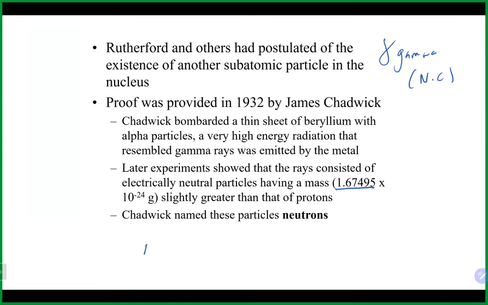The neutron is the heaviest, followed very closely by the proton, and the electron is much, much smaller in mass, the lightest. So you definitely need to know the neutron is the heaviest, followed very closely by the proton, and the electron is the lightest of all three. Any questions on that?